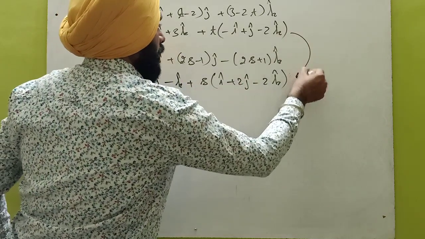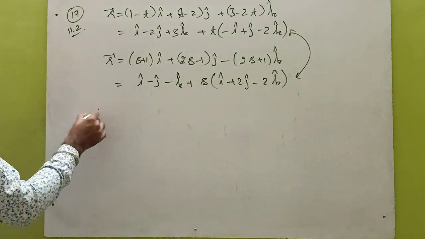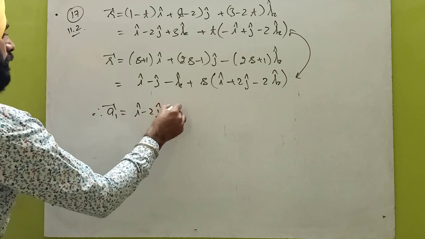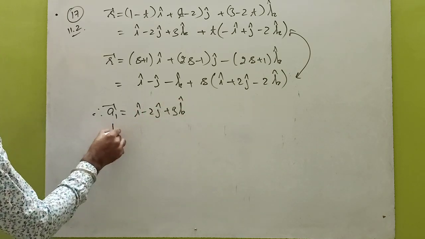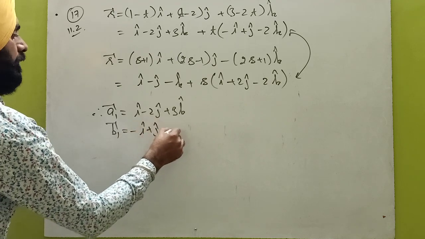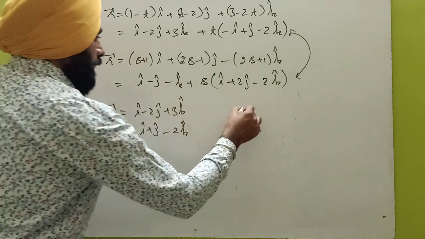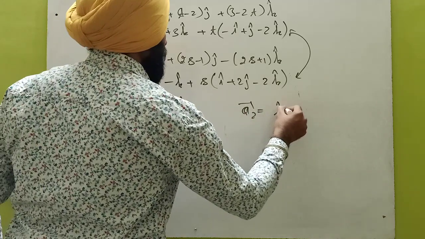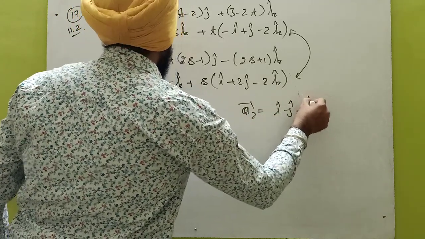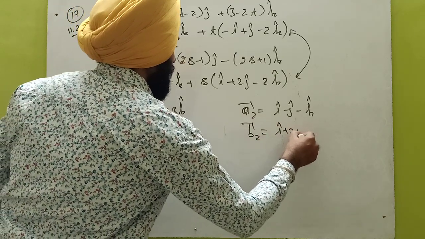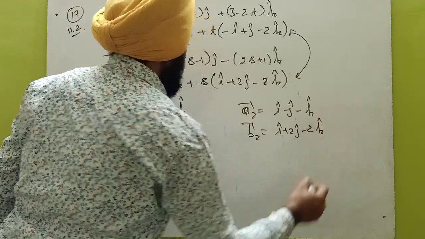So by comparing these two lines with the proper form, therefore A1 vector is i - 2j + 3k, and B1 vector is -i + j - 2k, and similarly A2 vector is i - j - k, and B2 vector is i cap + 2j - 2k.